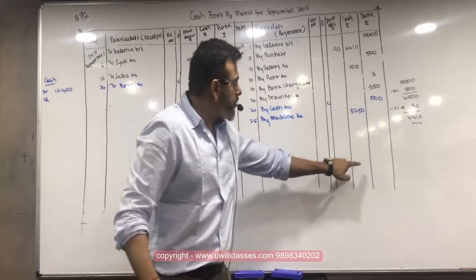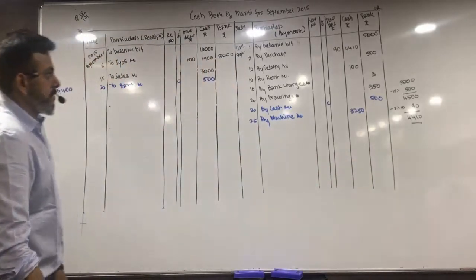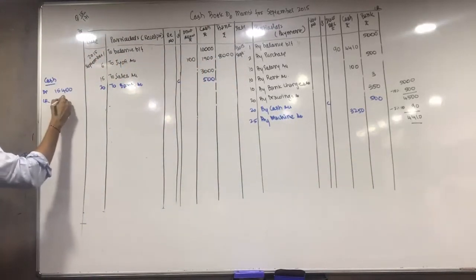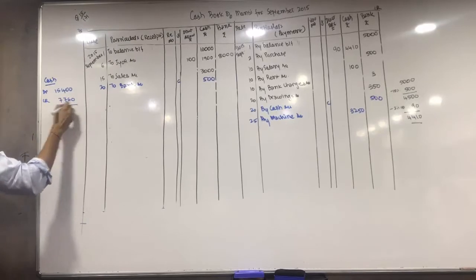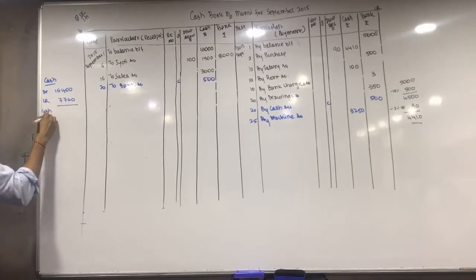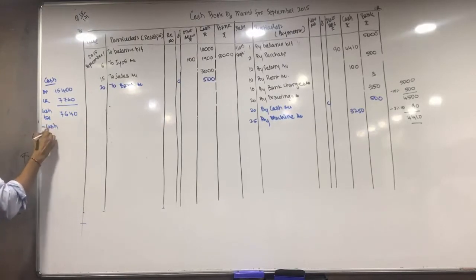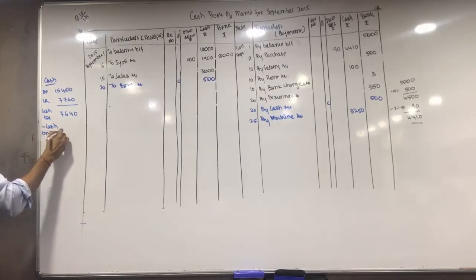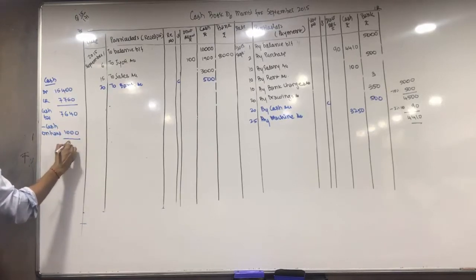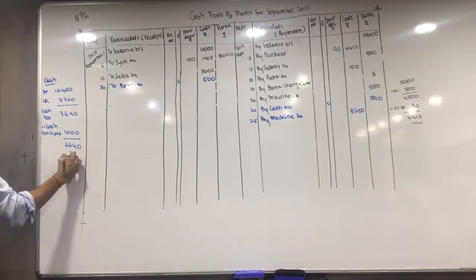Credit side is 7,760. So what is the cash balance with us? 7,640 minus cash on hand 1,000. So 6,640 is deposited in the bank.